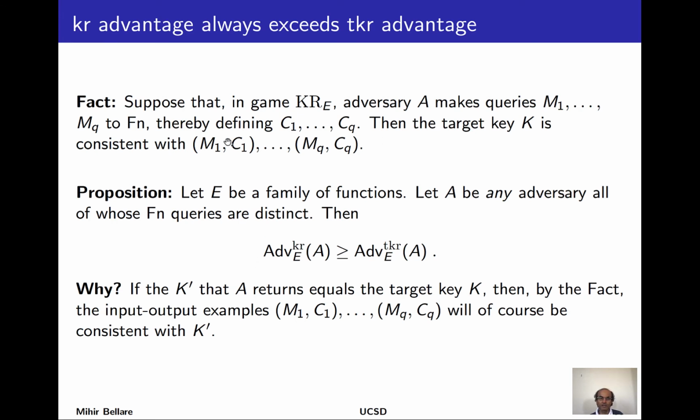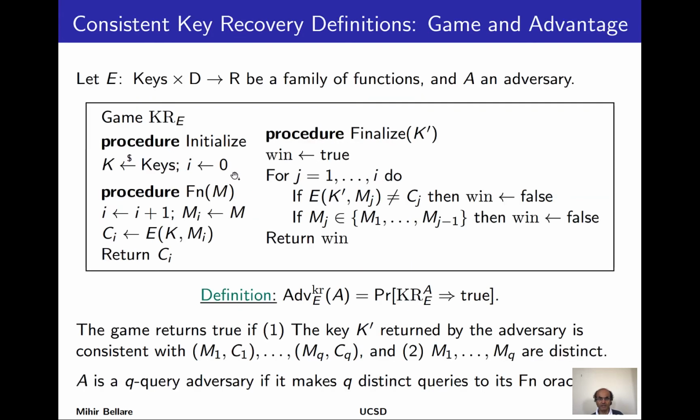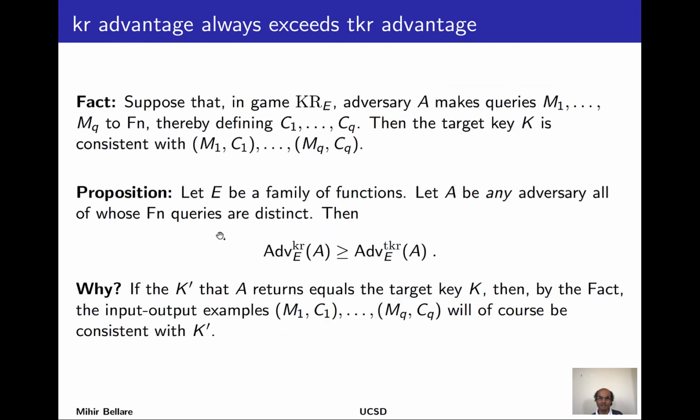These examples were created under the target key. The target key definitely maps M1 to C1 under E and MQ to CQ and so forth. Why is that? Because you see that that's how the C's were produced from the M's. By definition, the target key is consistent with this list. So outputting the target key would definitely be a win in this game and in the TKR game too.